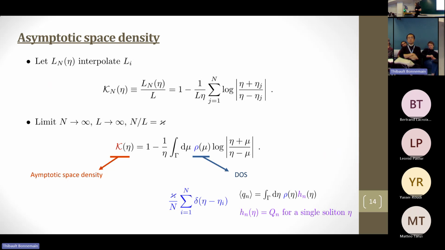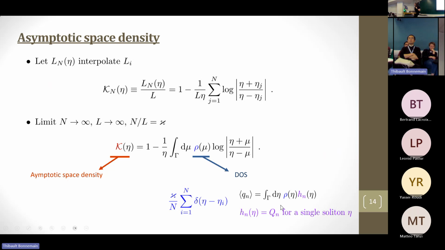Also here you can see that I multiply everything by kappa, the spatial density of solitons, which means that the spectral density of states is indeed the density of solitons in phase space and spectral space, as I defined it earlier. I can use it to count the number of solitons in a region of phase space.